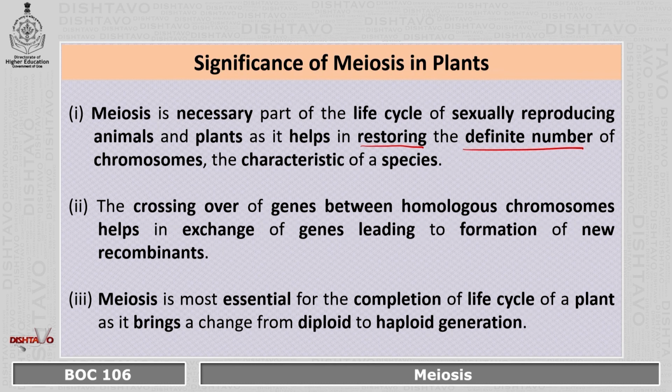The crossing over of genes between homologous chromosomes helps in the exchange of genes, leading to the formation of new recombinants. Meiosis is most essential for the completion of the life cycle of a plant, as it brings a change from diploid to haploid generation.